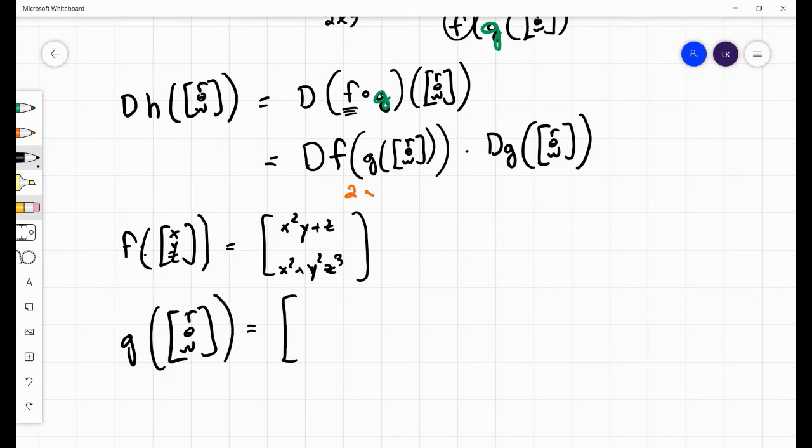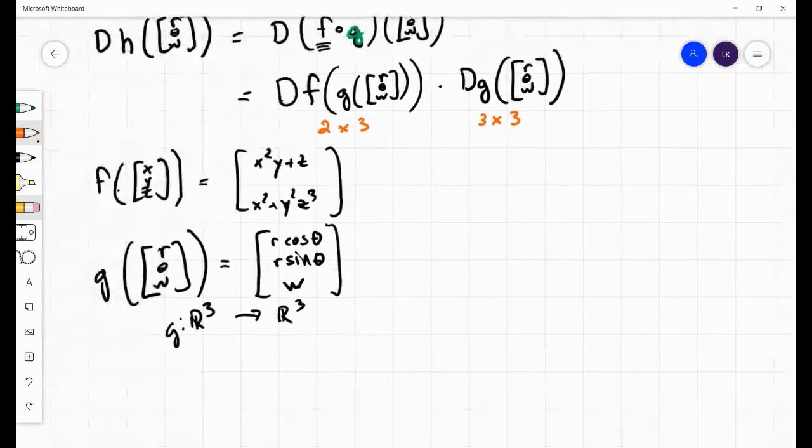This is a basic kind of cylindrical coordinate transformation. This is a function from R3 to R3, as we mentioned, so the derivative will be a 3 by 3 matrix. So this matrix multiplication will be defined.